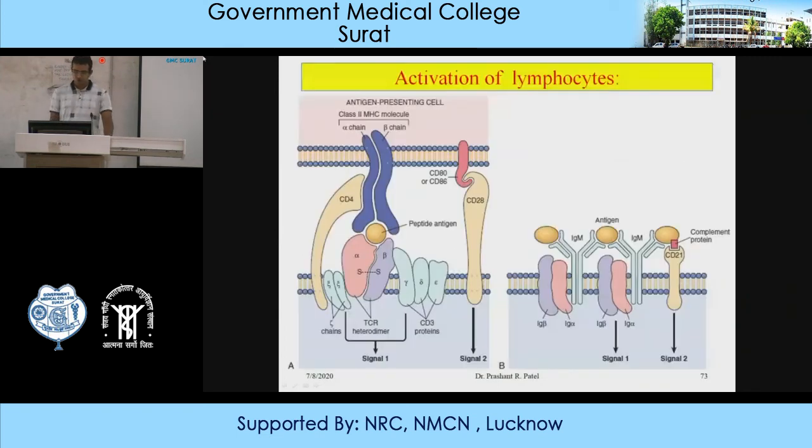So this is how the T cells and B cells are activated. After binding with the antigen presented by MHC molecules, signal 1 is delivered, and whenever the co-stimulator binds with its receptor, signal 2 is delivered and T cells are activated. A similar mechanism is there for B cell activation.